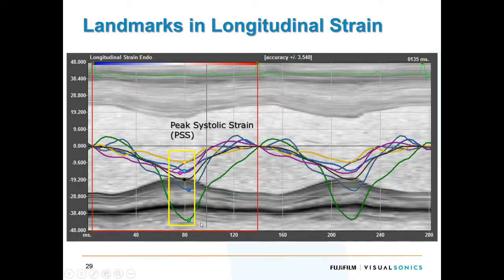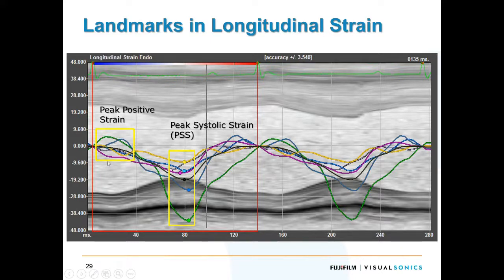But we also have a couple other landmarks that I want to identify. The first one is this little bump at the beginning of your strain curves. See how it rises, so it becomes positive, which means that you have lengthening, and then it contracts. So there's a small area where it's positive here, and that's normal.